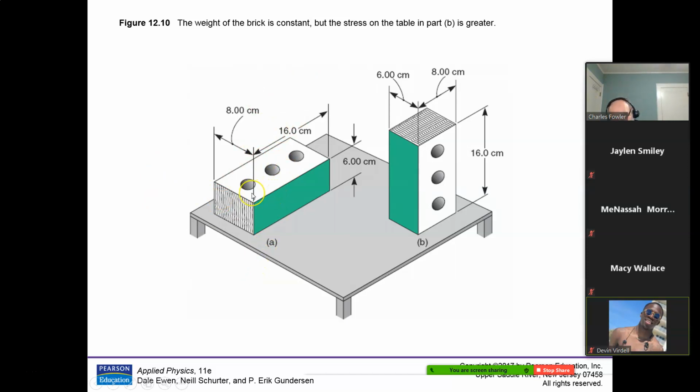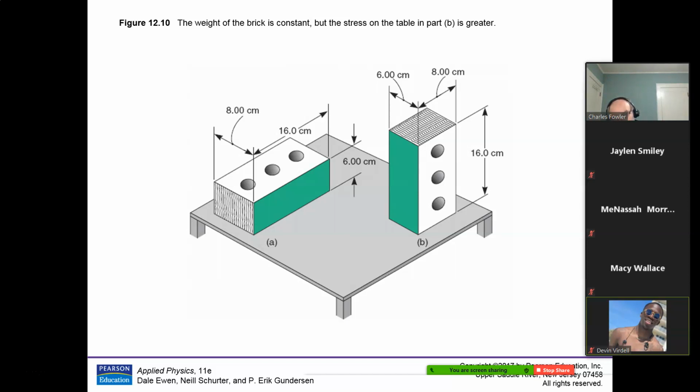12 divided by 128 is something like, wait, that's 128 square centimeters. You've got to get that into square meters, okay? And they show you how to do that in your book. I would do it by the train track method, but that works okay too.